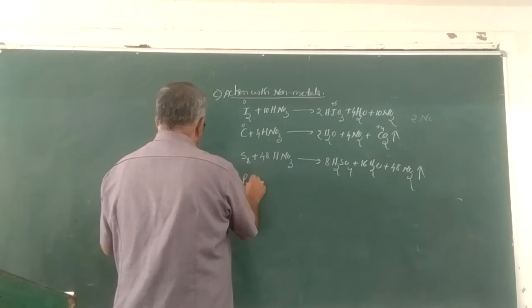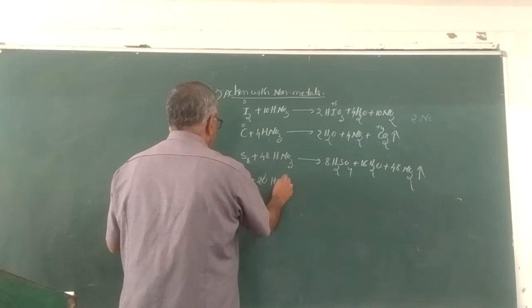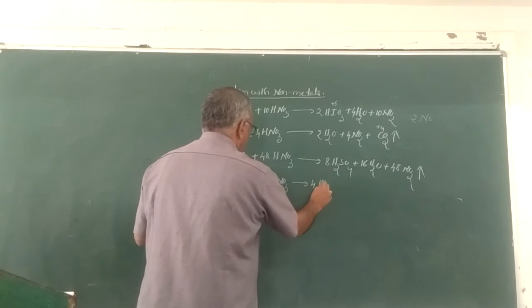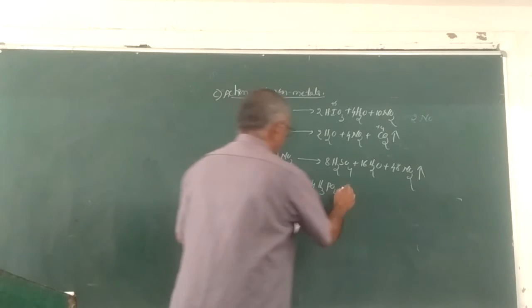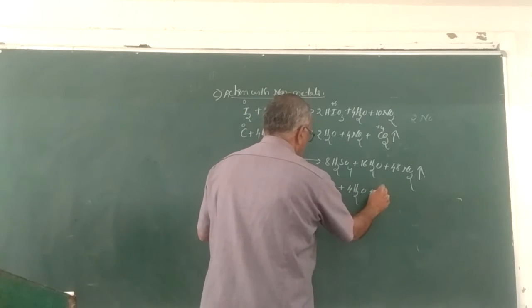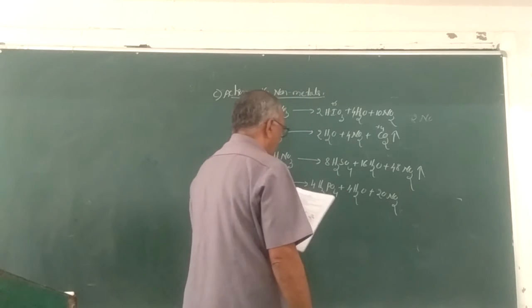And phosphorus reacts with nitric acid to form phosphoric acid, H3PO4, water and liberation of nitrogen dioxide gas.